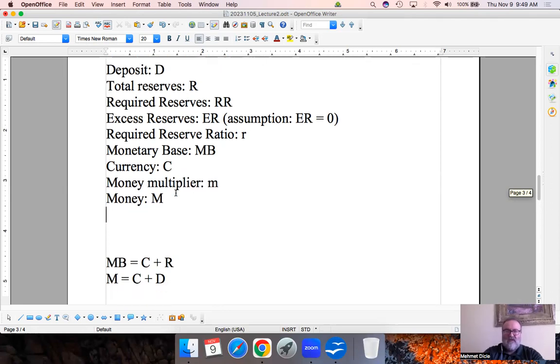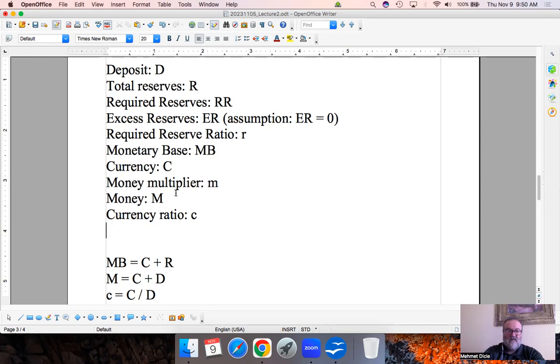First, what I'm going to need is a currency ratio, the currency ratio in the economy. So let's make this a small c. And the small c is the total currency divided by the deposits. How much of the deposits are actually in actual currency.